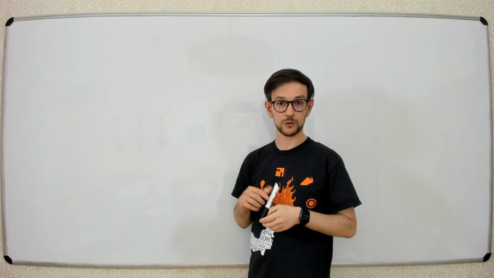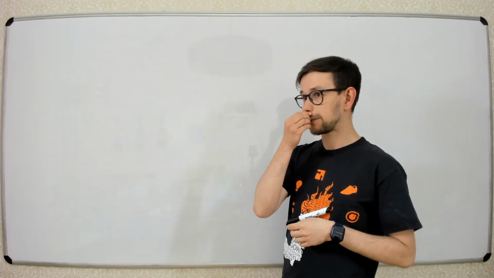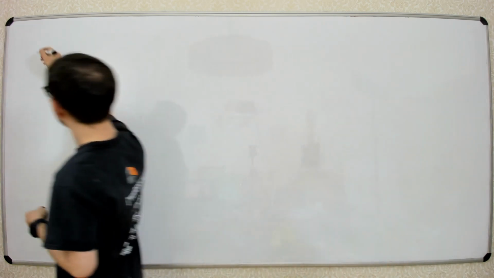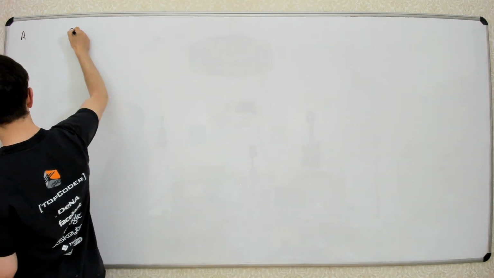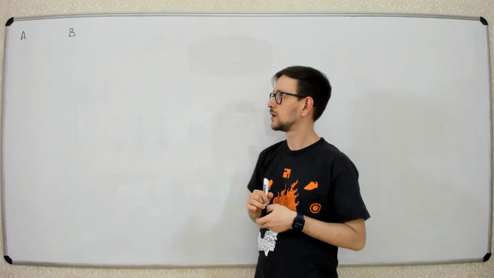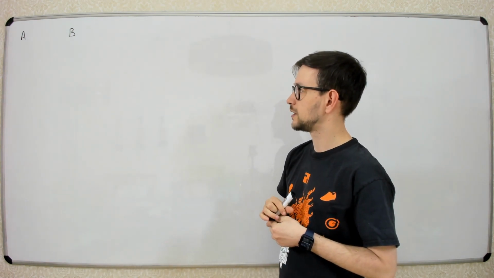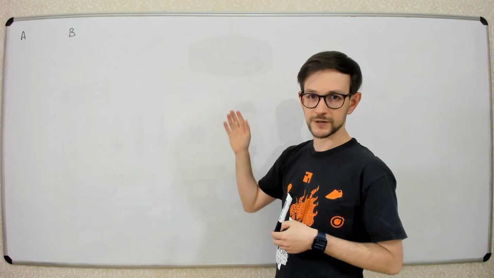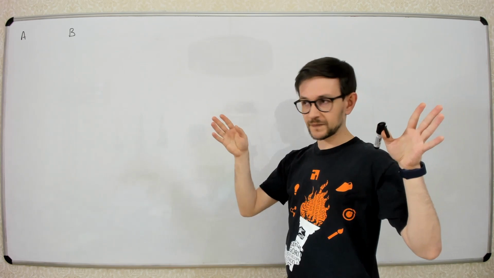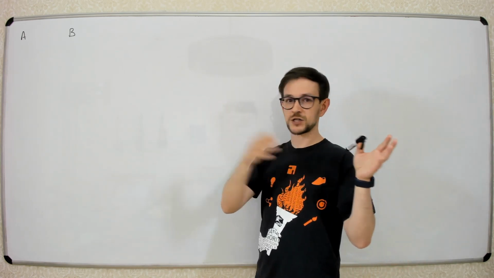So what is cryptography? How to use cryptography? Basically, there are two persons, let's say A and B. They are usually referred to as Alice and Bob, but you can pick other names. You can say you have Angela and Boris. Why not? So you have two persons, A and B, and they are exchanging some messages.